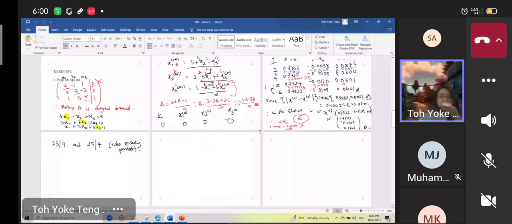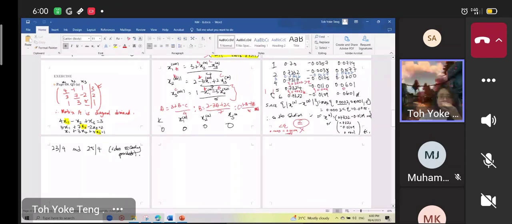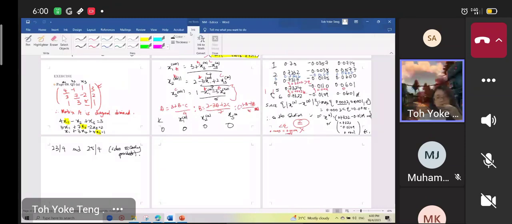Just the thing that you check is the difference in between the values here. As you notice, for these two values the difference is 0.007, which is greater than the tolerance, so we proceed with the calculation.